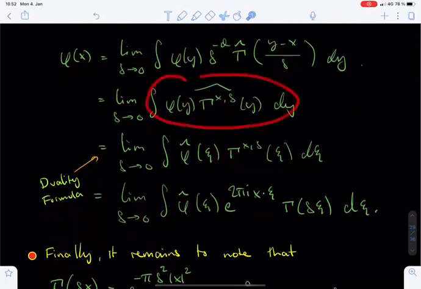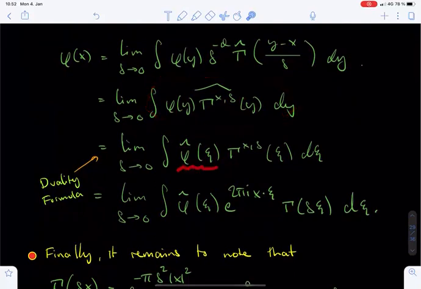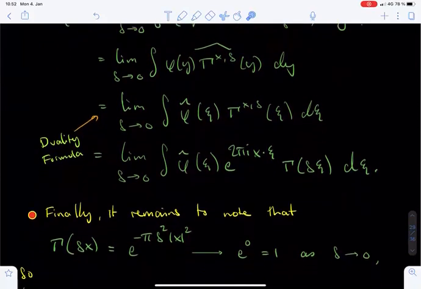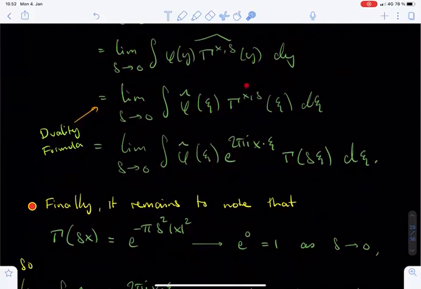As a consequence, the integral above equals the integral of hat phi at xi times gamma superindex x delta at xi dxi. Next, one needs to recall the definition of the function gamma superindex x delta. Evaluated at xi, this equals e to the power 2 pi i x dot xi times the Gaussian evaluated at delta times xi.